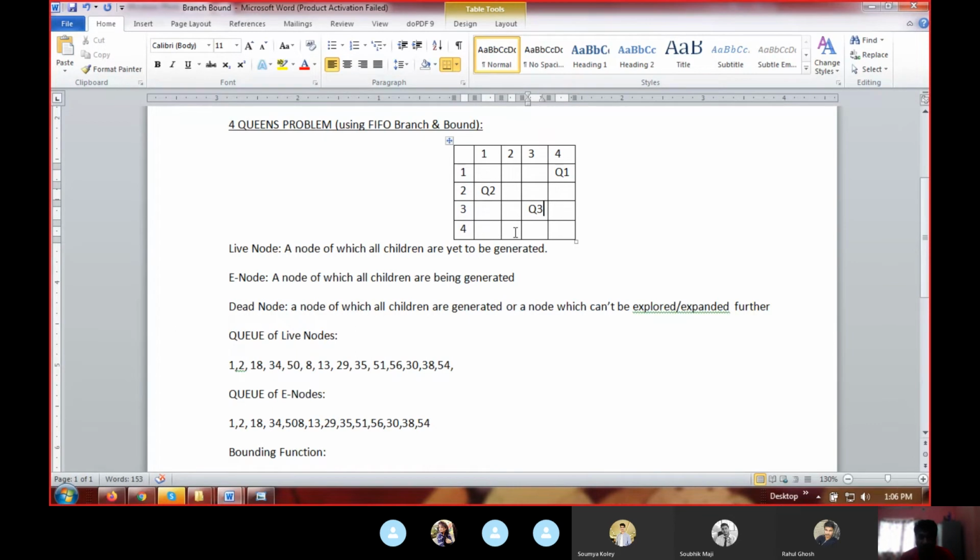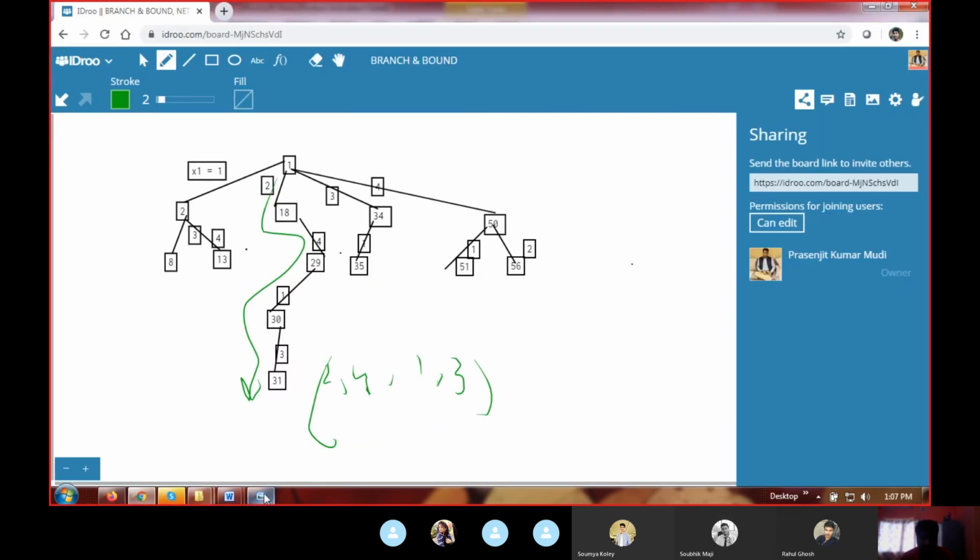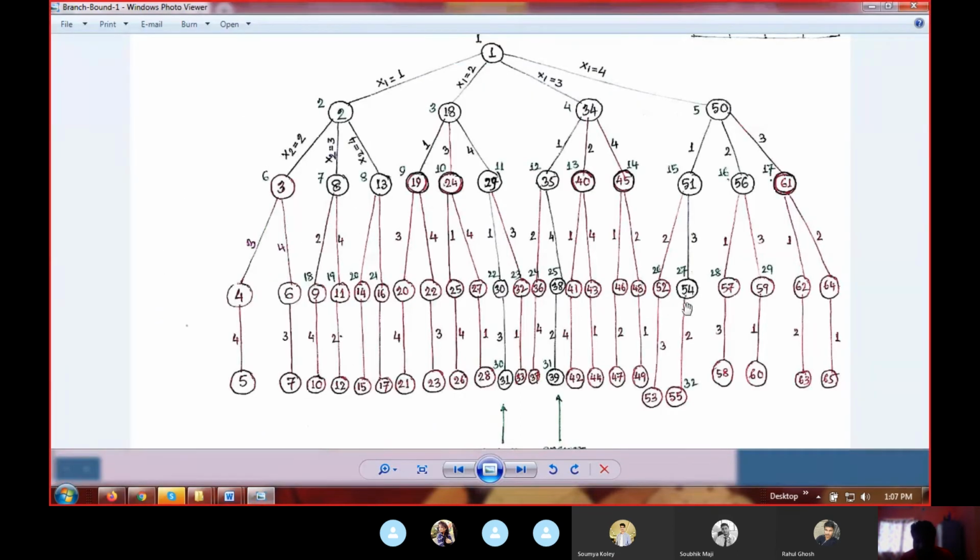And see for queen 4, this is the only available position where the cursor is blinking, and this is violating, not satisfying the bounding function as it is diagonal to q3. So 4, 1, 3 is not a possible path which can lead us to a solution. That's why at the final stage, 55 is not being generated.